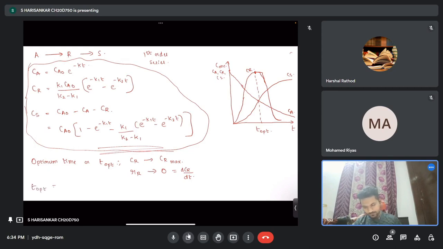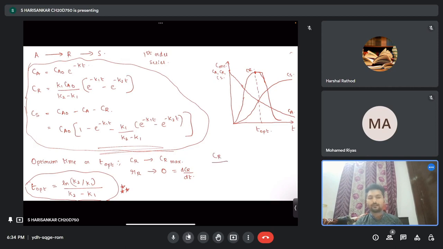Using this, we can find an expression for T optimum as ln of k2 by k1, divided by k2 minus k1. So this is the expression for T optimum, or optimum time, for a series reaction. Using this, we can also derive one relation between CR and CA0.